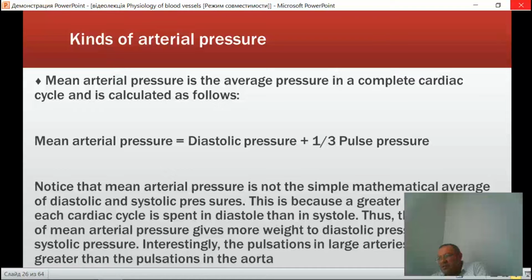This is because a greater fraction of each cardiac cycle is spent in diastole than in systole. Thus, the calculation gives more weight to diastolic pressure than systolic pressure. Interestingly, the pulsations in large arteries are even greater than the pulsation in the aorta.